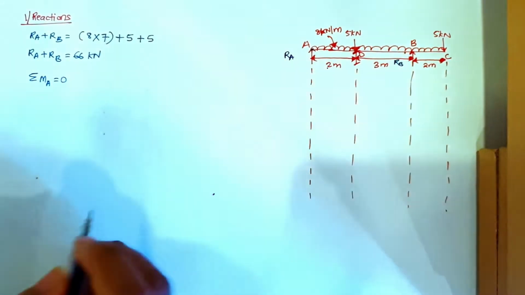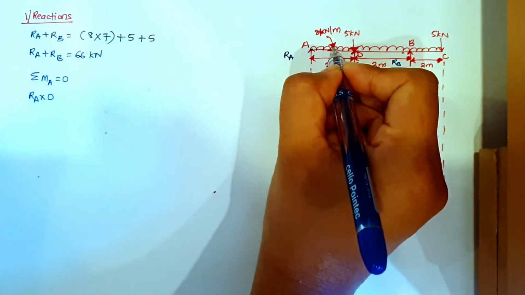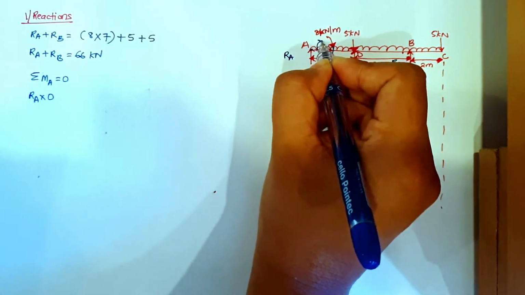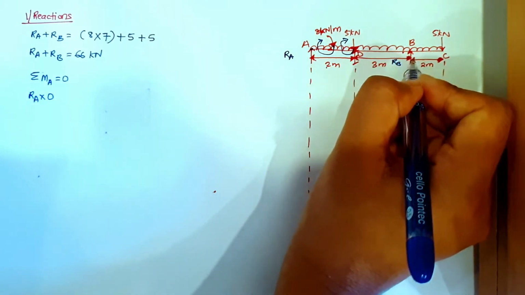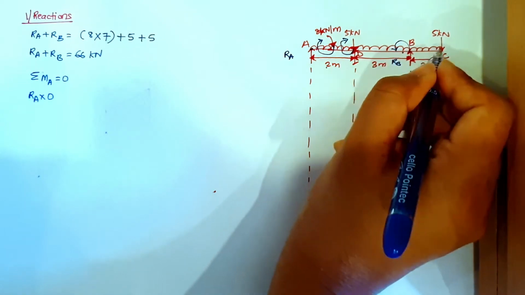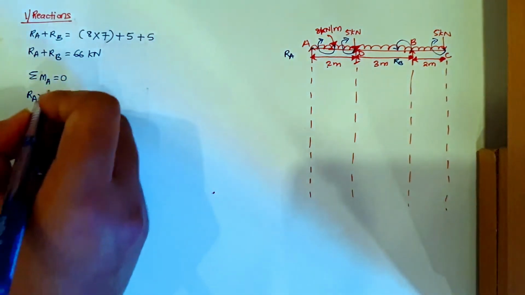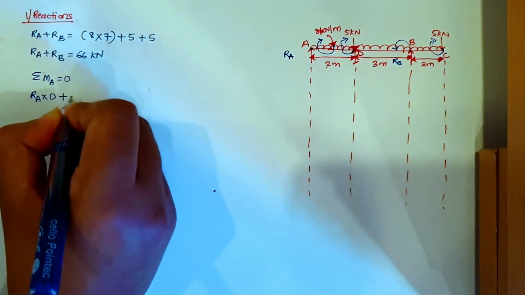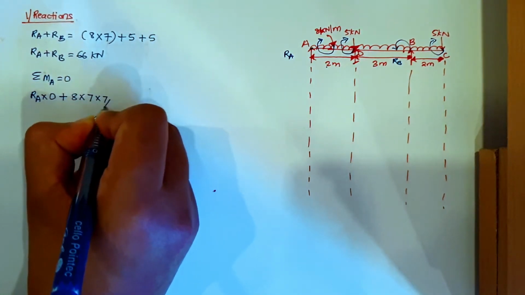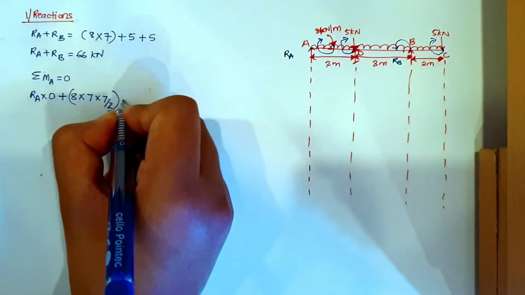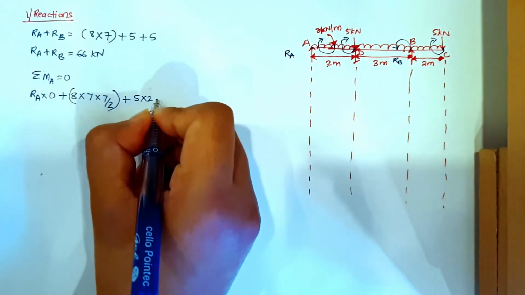Now summation of moment about A equals 0. I'm keeping the reference point at A, so RA into 0. Now this 8 kN per meter load will be going in a clockwise direction. The 5 kN load will be going in a clockwise direction. RA will be going in an anti-clockwise direction, and this 5 kN load will be going in a clockwise direction. So clockwise is positive, so plus 8 into the total distance 7 into 7 by 2, plus 5 into the distance from D to A, which is 2.